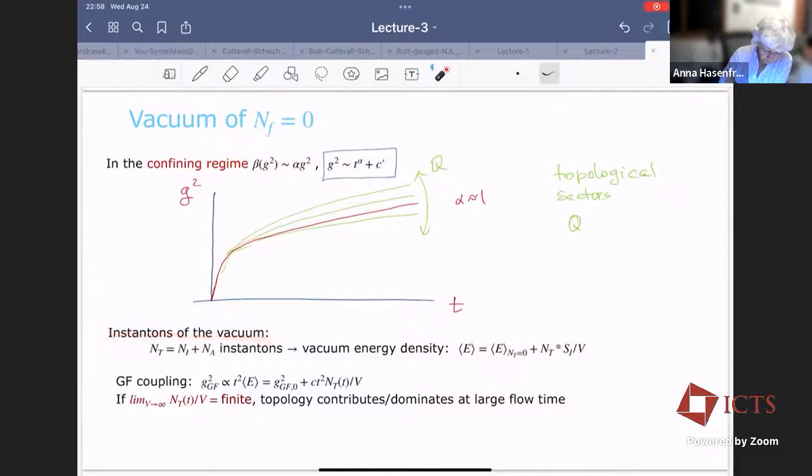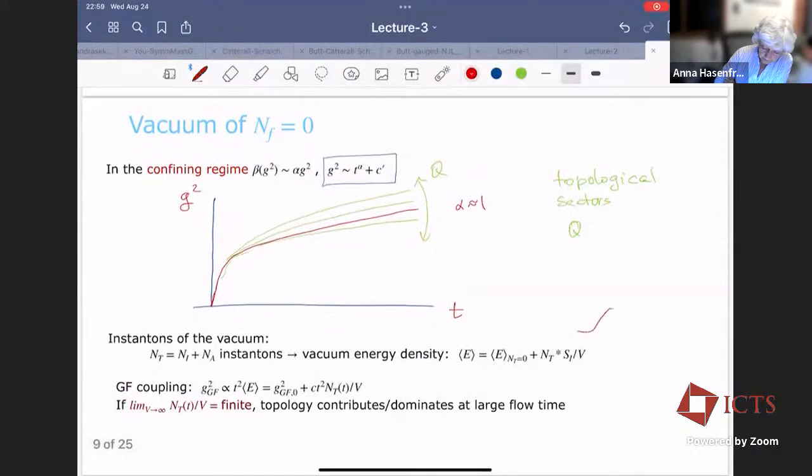So what do we know about the instantons of the vacuum? Well, we know that if we have an instanton, just a well-separated instanton bump, it will contribute a well-defined energy to the energy of the system.